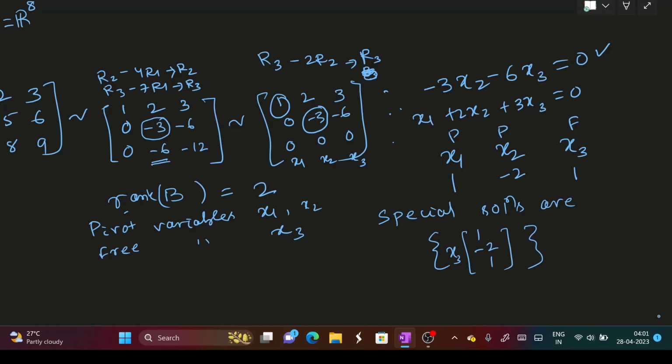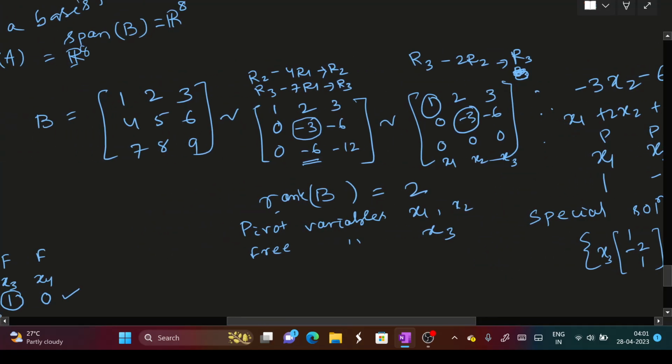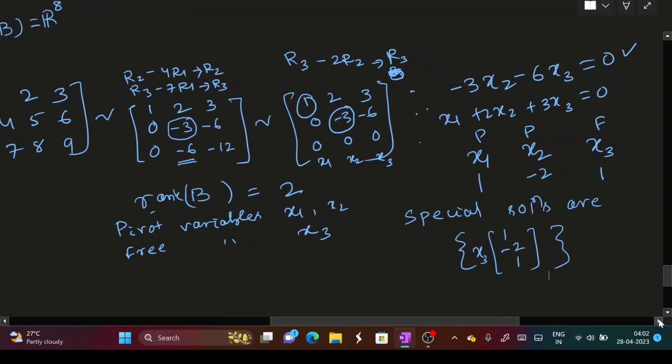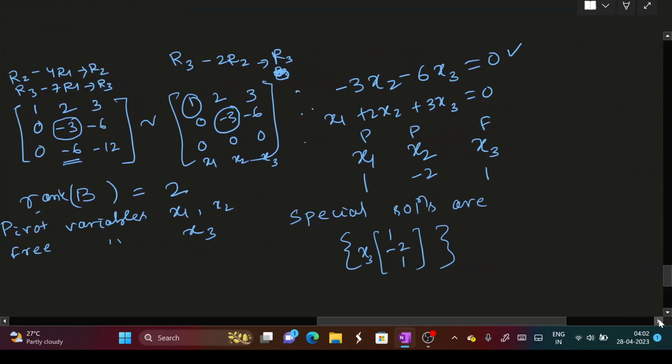If we are not writing this, then also it is allowed and it is correct. It is not incorrect. But it will give more information. Actually, if any vector is given to me, which is a special solution of this matrix, then we should be able to write that vector as a linear combination of the basis of the solution space.